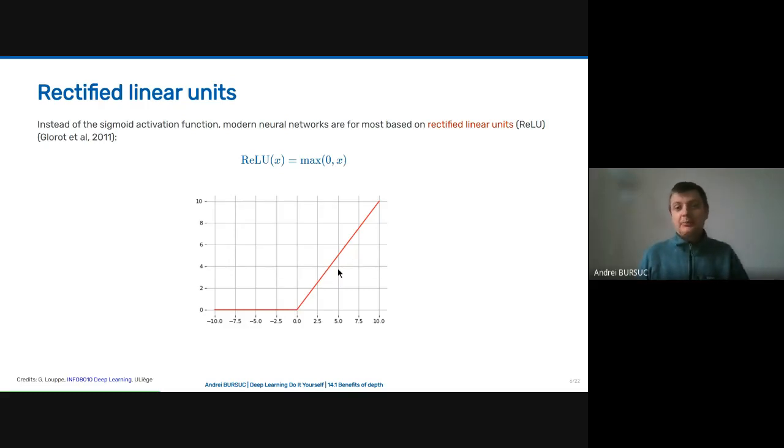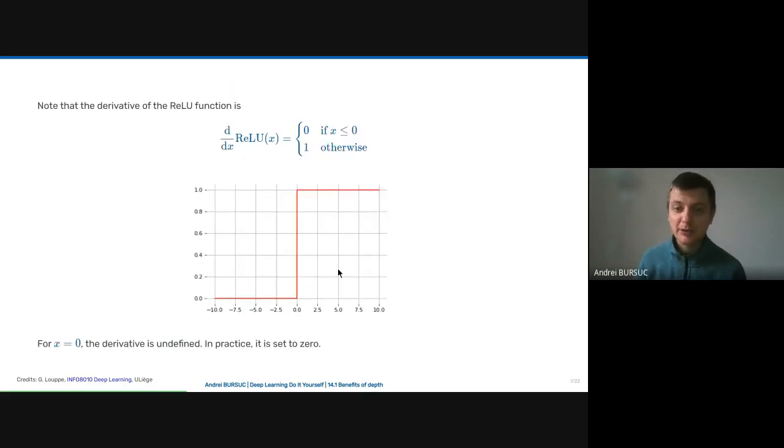And behind this very simple function, there's a very nice property which is visible in the derivative. If you show the first order derivative of the ReLU, you can see that wherever the input is positive, the derivative is 1. So this is really simple.